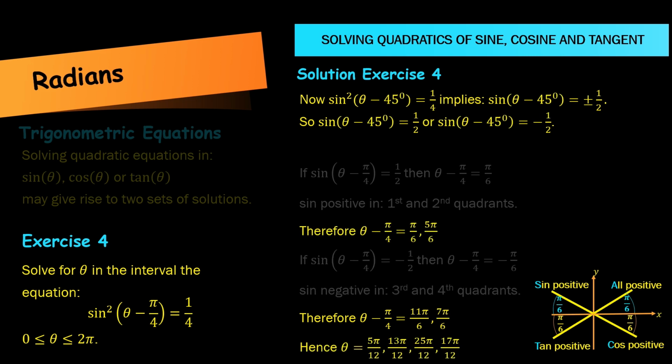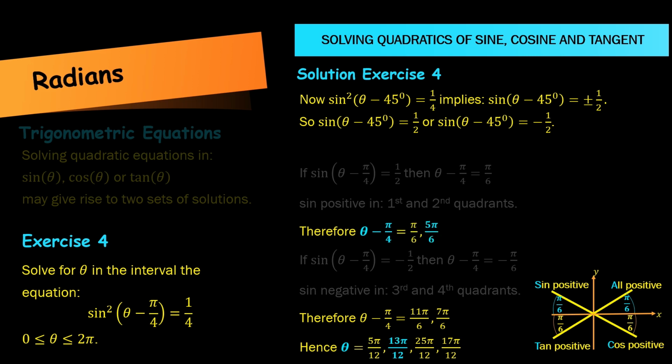And so if we solve for theta, we obtain that theta equals 5 pi by 12. Here, of course, we've solved the equation theta minus pi by 4 equals pi by 6.